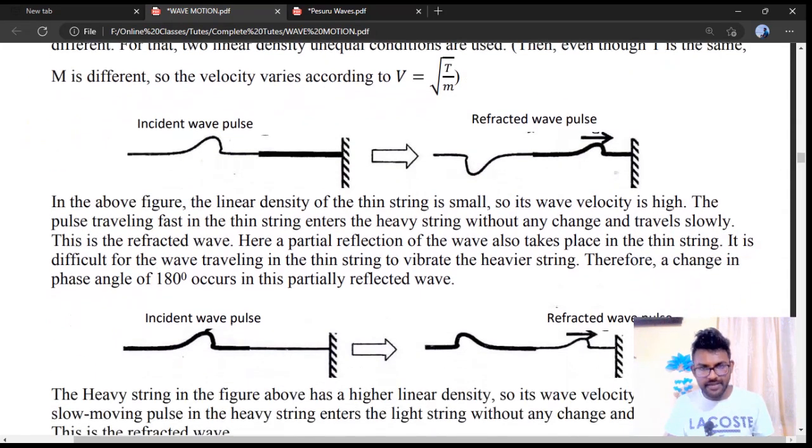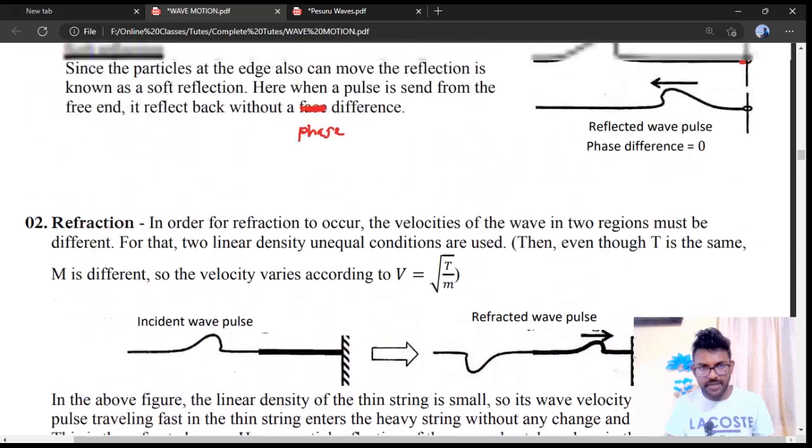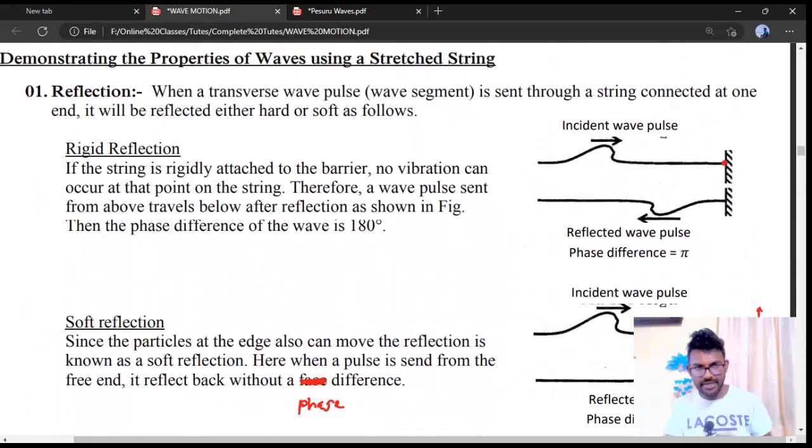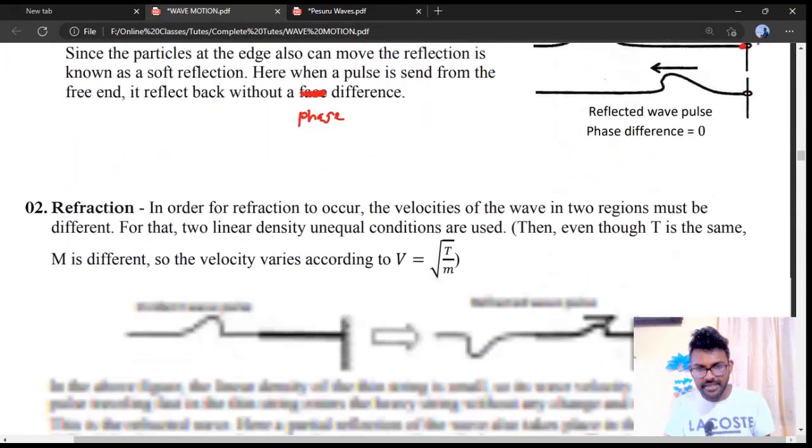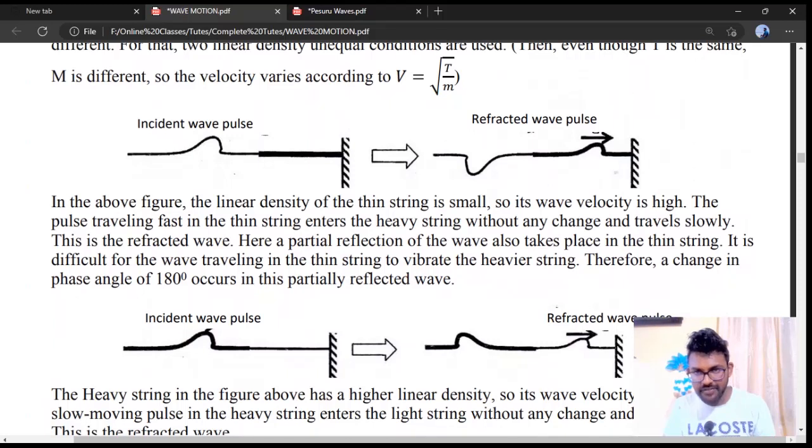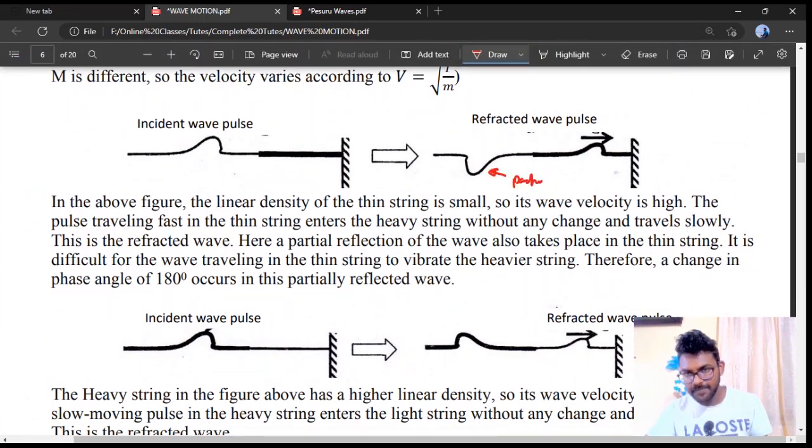Now you can see there's a phase difference of 180 degrees because it is a rigid reflection. Now this is the refracted wave pulse, this is the reflected wave pulse, right? You can just note it down here. This is the partially reflected wave pulse, right?